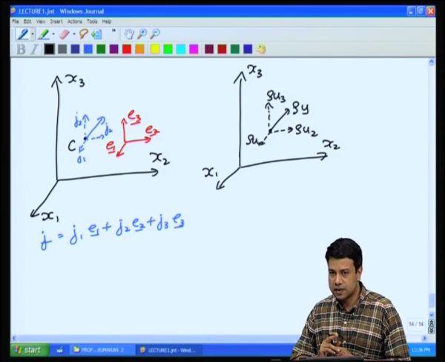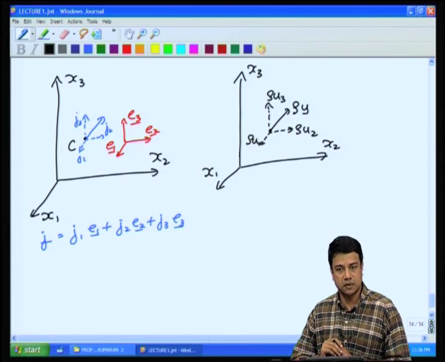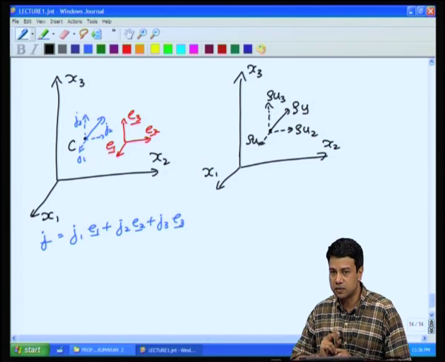It has three components. Each of these components can be transported. So, the momentum in the x direction can be transported due to molecular diffusion. Momentum in the y direction can be transported due to molecular diffusion. Momentum in the z direction can also be transported due to molecular diffusion.